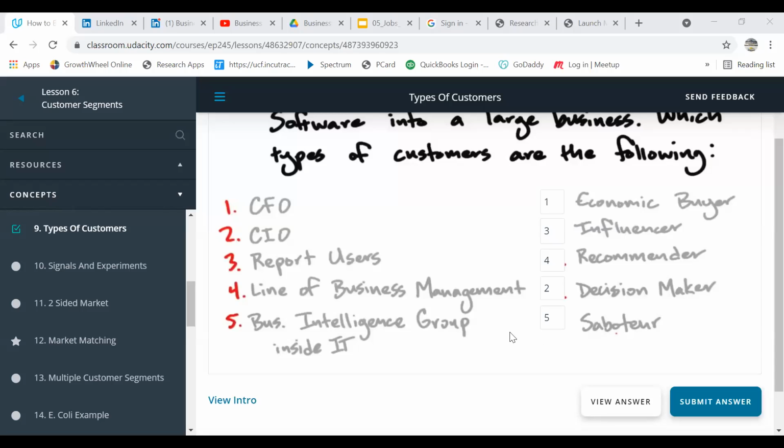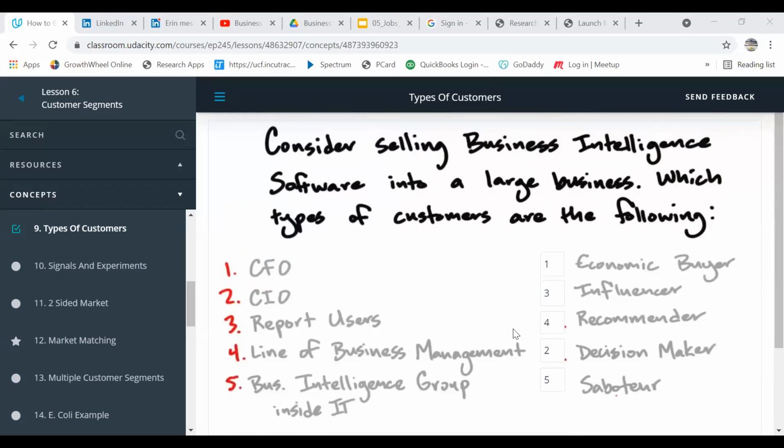I think what that exercise highlighted for me is how important it is, when you're doing your customer discovery, to understand the chain of command and the decision-making process. Sometimes it may appear that a certain person or role is making the decision, and it turns out that's not the case.